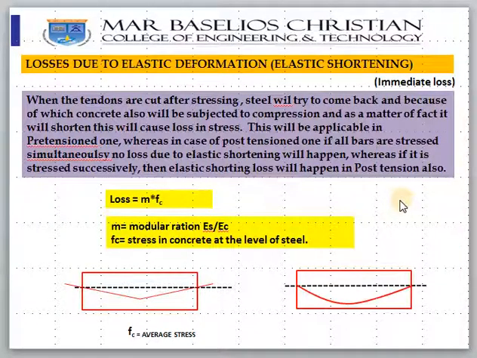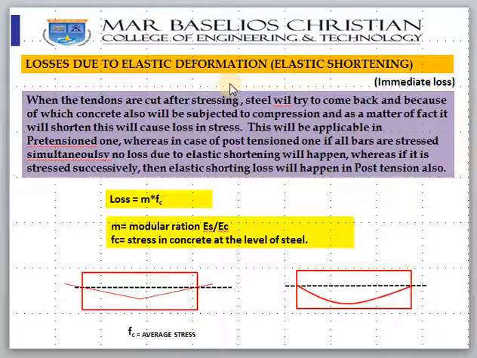Let us discuss the losses due to elastic deformation, or elastic shortening. It's an immediate loss. Think of a case wherein the steel tendons are stressed, and concrete is cast, and we cut the tendon. What will happen is these tendons will try to come straight. They will try to push the concrete on both sides.